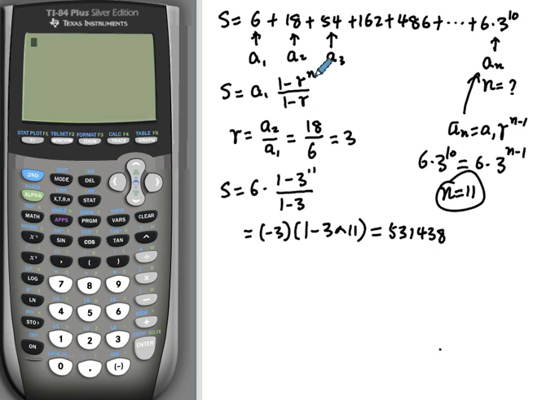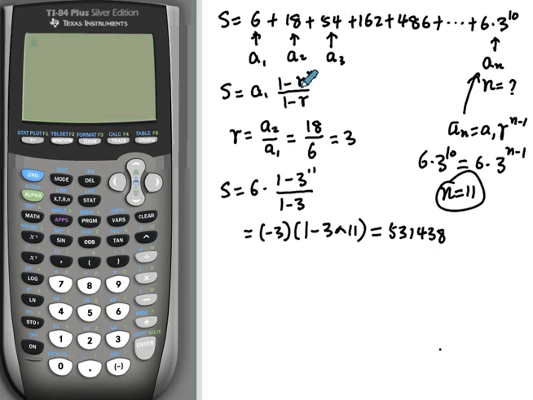Here n is the number of terms. So in this formula, it is clear a1 is 6. So we have a 6 here.